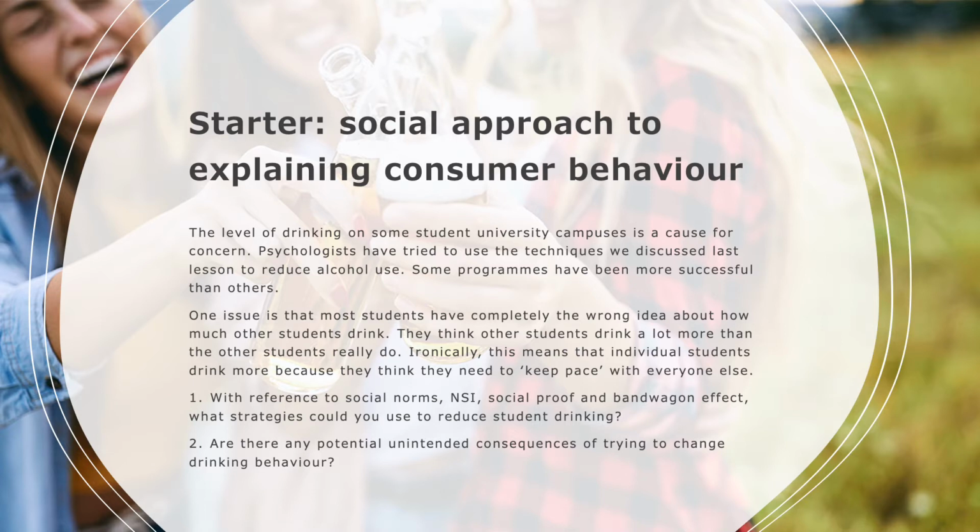As an example of that, in the context of public health, for example, a campaign to change behaviour might imply that lots of people like you are doing something. So it might say actually 90% of students only drink once a week, and this would make more people drink less.